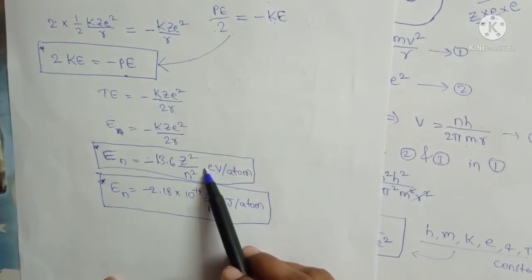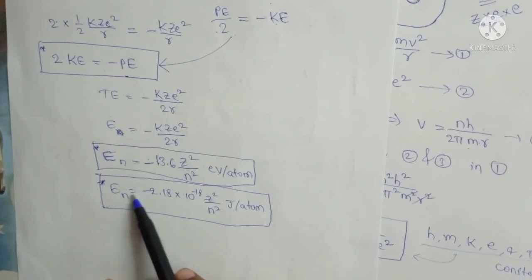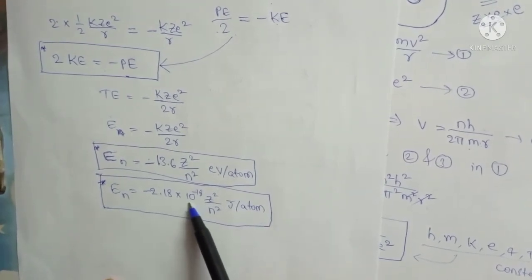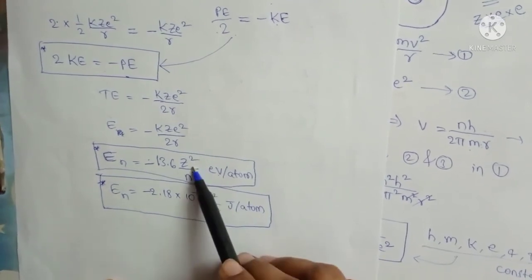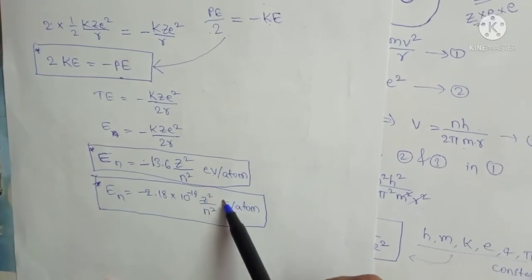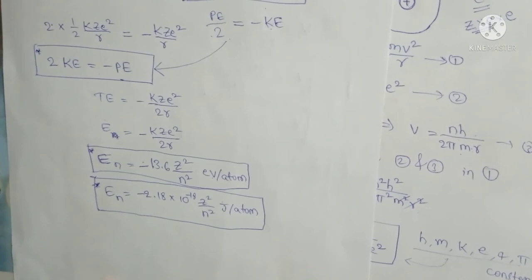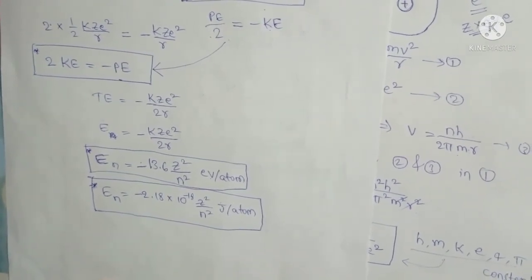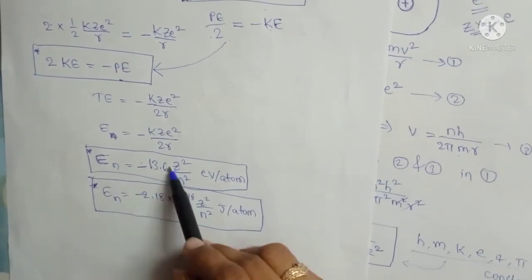And if you convert these units into joules, you will get En equal to minus 2.18 into 10 power minus 18 Z square by n square joules per atom. So these two equations are very, very important. Just to know about the derivation, I am explaining all these calculations, but you have to remember these final equations.